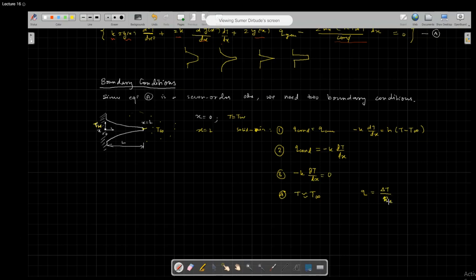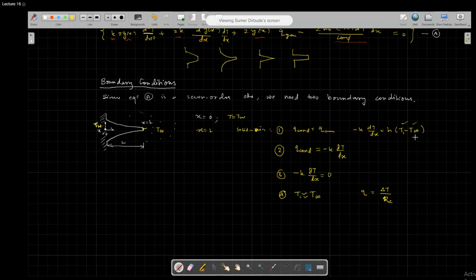But if this convective resistance is very high, then delta T is very small and Q can be very small. And delta T being very small means T and T infinity are nearly equal, then only T surface can become T infinity. So these four boundary conditions are possible at this location.